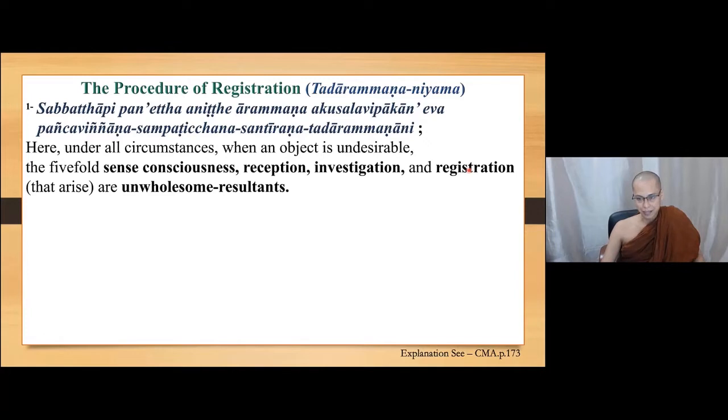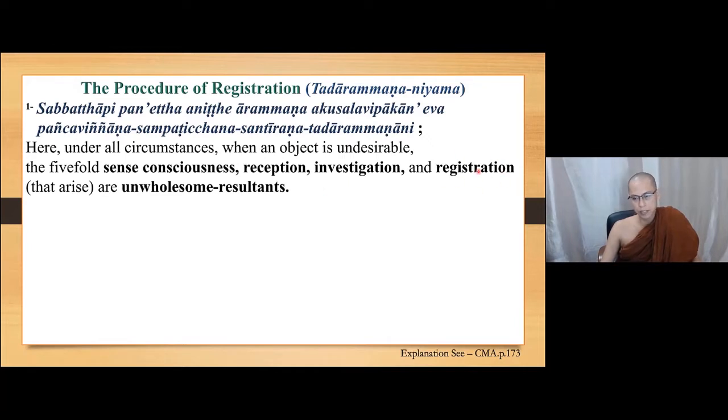So here, this text of the Abhidhammattha Sangaha identifies four types of mind moments in the cognitive process, regarding its object. If the object is an undesirable object, all four types will be unwholesome resultant. It could be wholesome resultant or unwholesome resultant, but if the object is undesirable, we can identify that all four types are unwholesome resultant. This is the text. What we need here is registration.